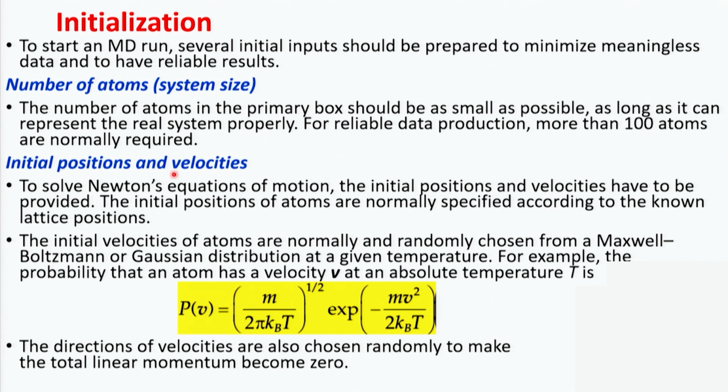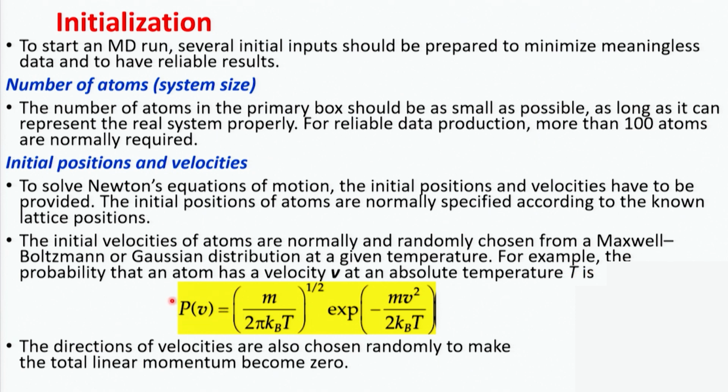Okay. So initial position and velocity. To solve Newton's equation of motion, the initial position and the velocity have to be provided. The initial positions of the atoms are normally specified according to the known lattice positions. The initial velocities of atoms are generally chosen randomly from a Maxwell-Boltzmann or Gaussian distribution at a given temperature. For example, the probability that an atom has a velocity v at an absolute temperature T is given by this expression.